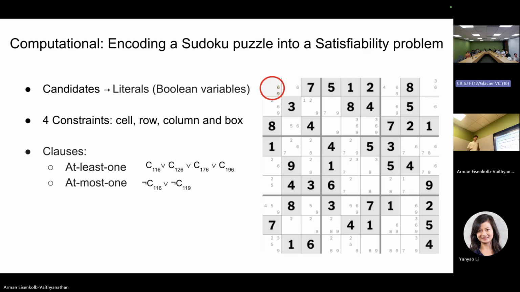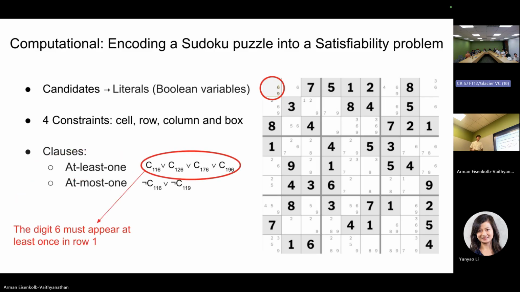For the four constraints, there are two types of clauses. The first is an at least one clause. The at least one clause for a cell states that each cell must have at least one digit, and for the row, column, and box states that each must contain every digit at least once. The at least one clause example I have shown here states that for row 1, the digit 6 must appear in at least one of the empty cells.